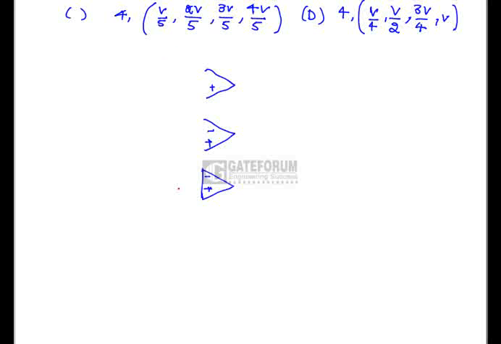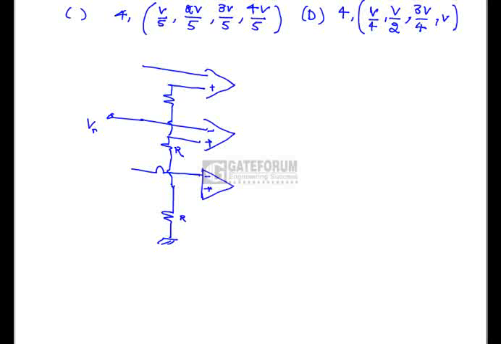Now here this is some resistor R, another resistor R, another resistor R. This is the analog voltage.